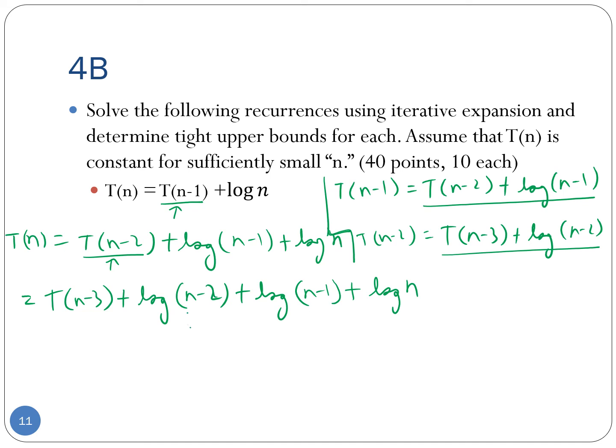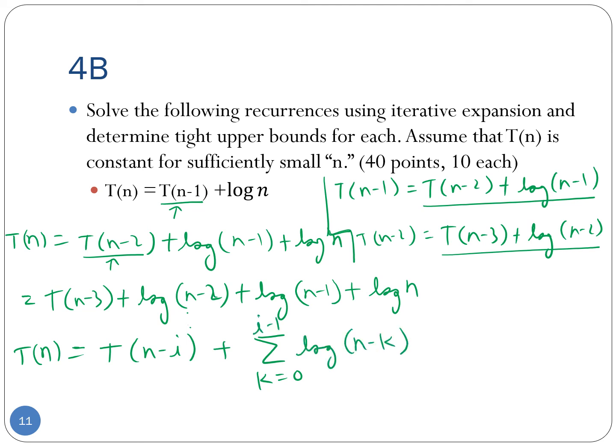So if you continue like this, you'll find that the ith term for this expansion would look something like this. You will have T of n is equal to T of n minus i plus, basically we can write the second term as a summation, right? Summation k is equal to 0 to i minus 1 of log of n minus k.